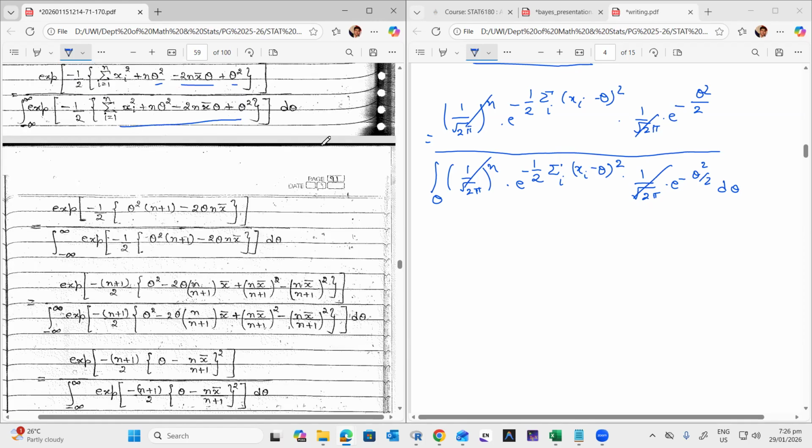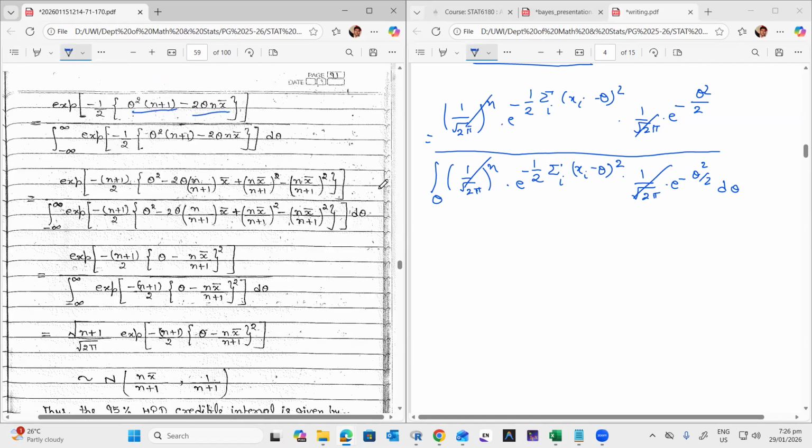So what we will have here: summation xi square will cancel out, as I explained in the previous question. So you will have only n theta square plus theta square. So you take theta square into n plus 1, minus 2 theta n x bar. Right, this will be your expression.